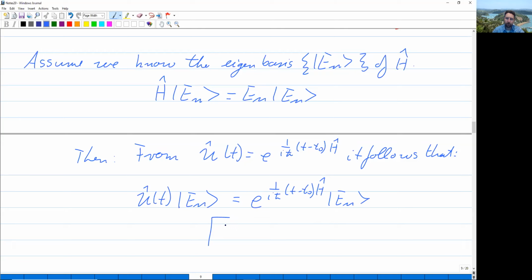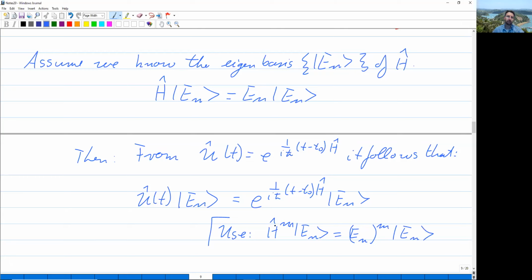Now we use that if we take the Hamiltonian to some high power, let's say m, and act with it on an eigenvector, we get the eigenvalue to the m's power.